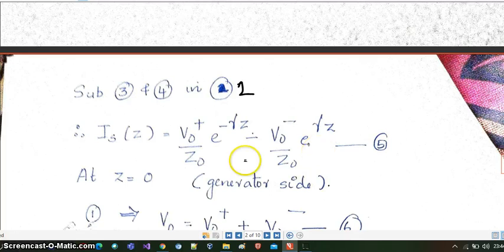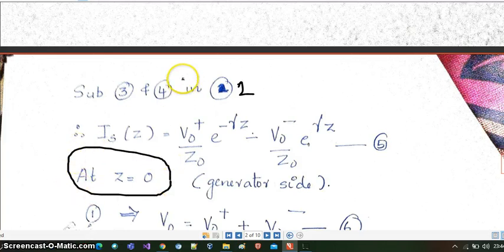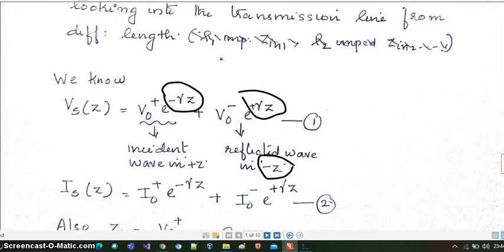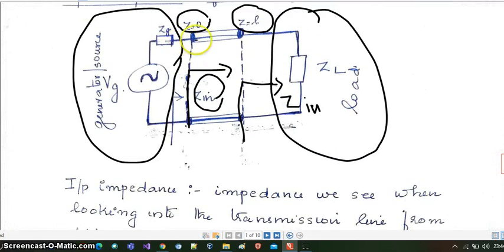Next I am going to substitute the condition at Z equal to 0. Here you can see in this picture Z equal to 0 is near to the generator side and Z equal to L is near to the load side.